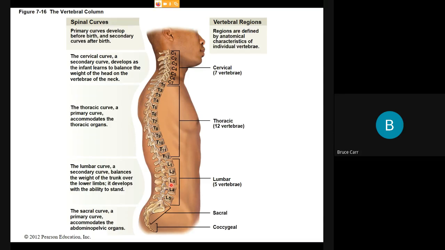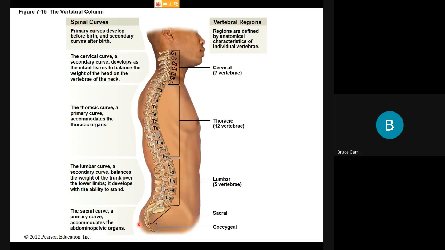When we are born, there are two primary curves, which means genes make this portion of the vertebral column curved. The primary curve is the thoracic curve, shown here, from T1 down to T12.